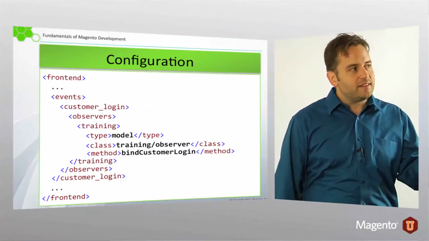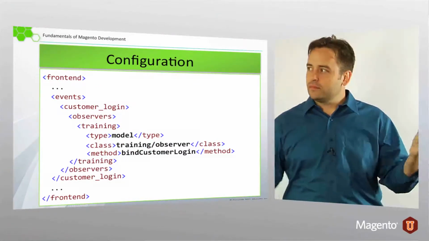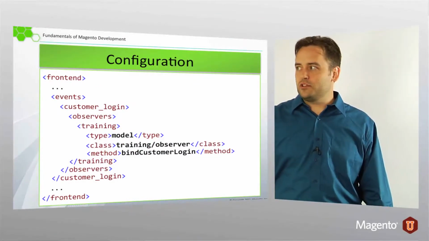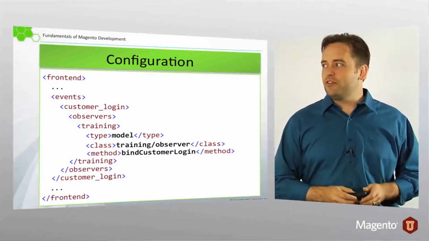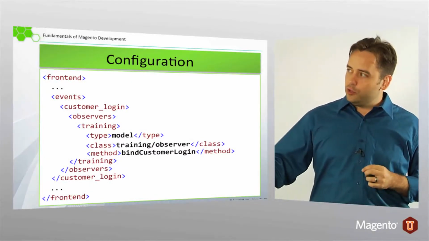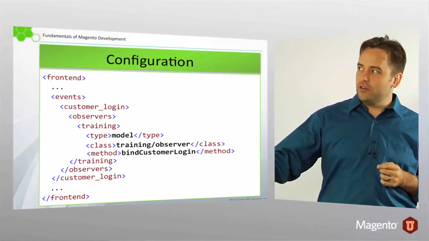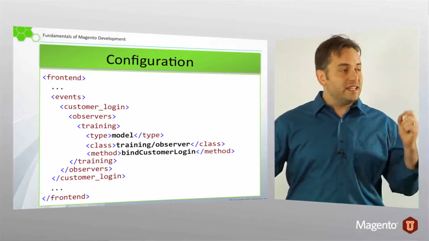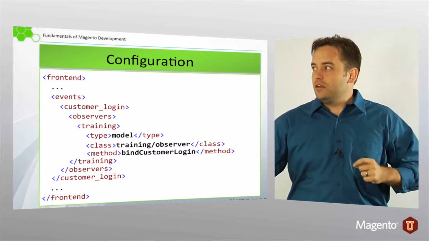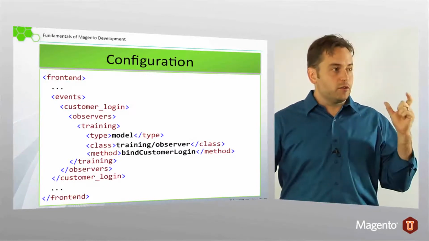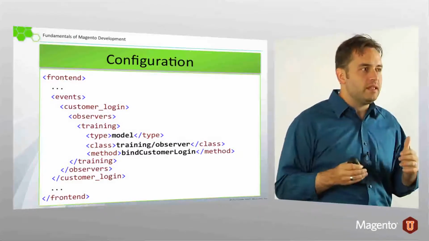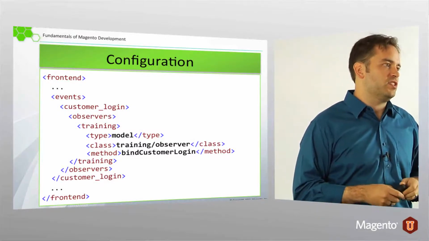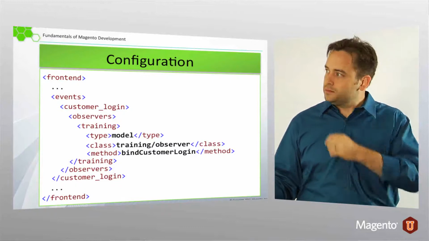And then inside that node, we have an observers node. So basically, you could consider that every event fired in the system could be specified as a node under events, and then inside each of those nodes, you would have an observers node. The reason it is plural is because there could be many, many different observers attached to any given event.